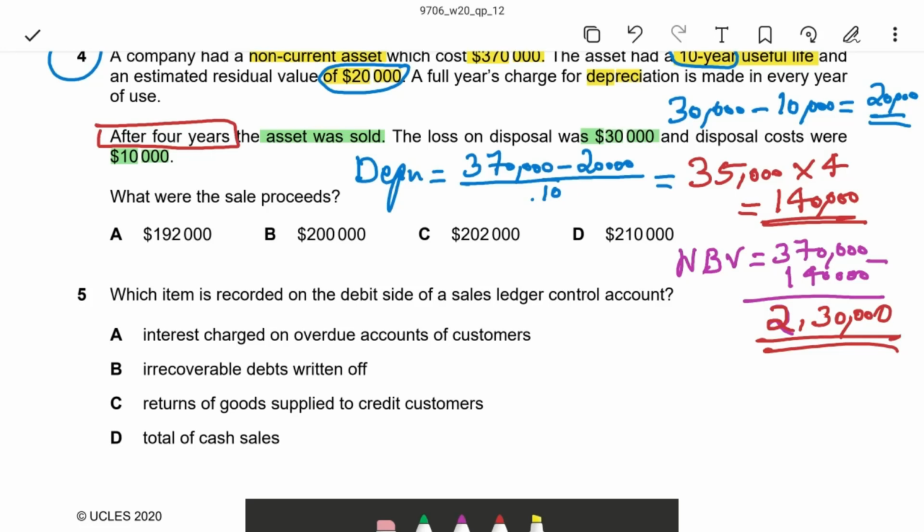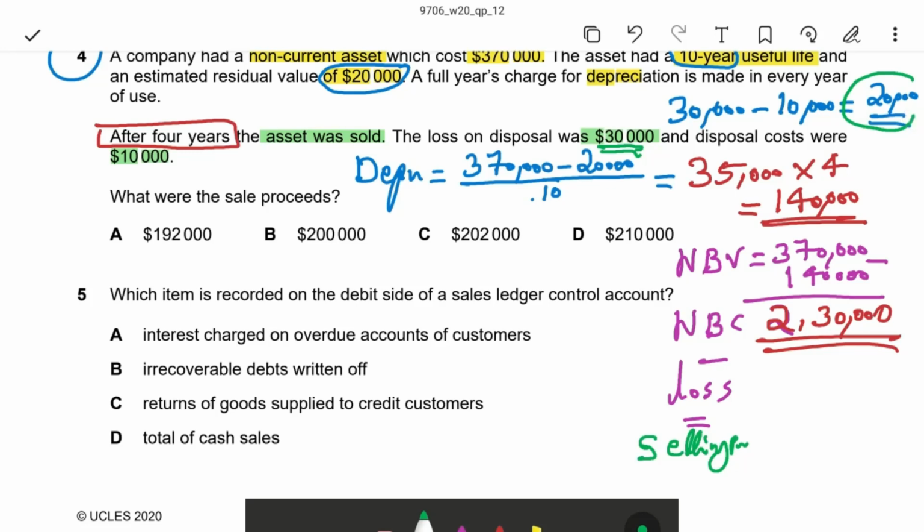If after deducting the depreciation the net book value is 2,30,000, then net book value minus loss is equal to selling price. So what is the loss? This loss is included with the disposal cost. So without disposal cost, it is 20,000.